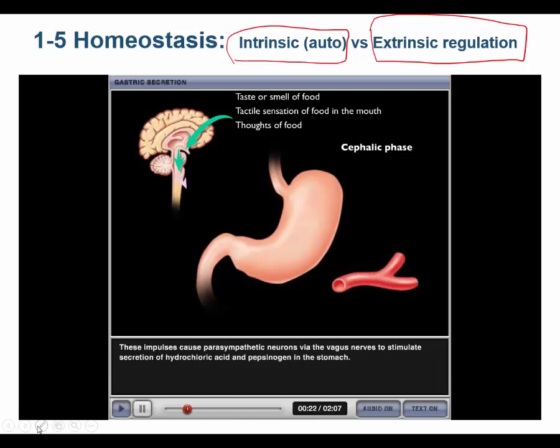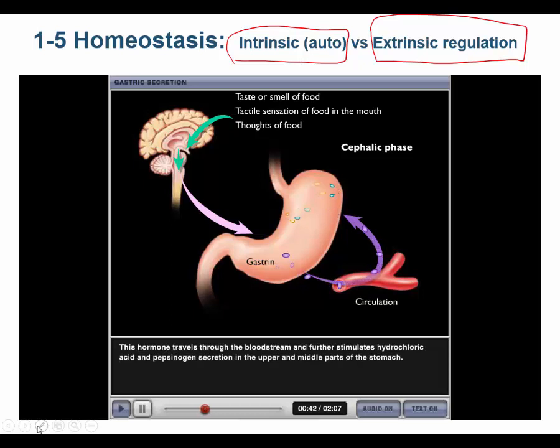These impulses cause parasympathetic neurons via the vagus nerves to stimulate secretion of hydrochloric acid and pepsinogen in the stomach. The parasympathetic stimulation also results in secretion of gastrin from the lower part of the stomach. This hormone travels through the bloodstream and further stimulates hydrochloric acid and pepsinogen secretion in the upper and middle parts of the stomach.